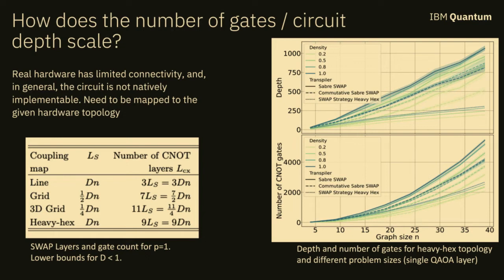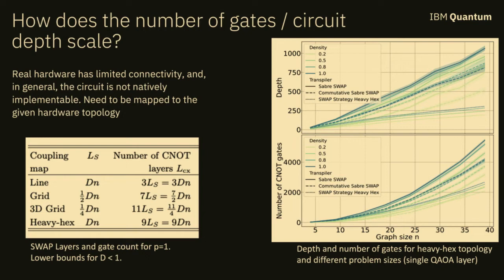And what we did is we extended this strategy to 2D grids and 3D grids, and also to heavy hex. Heavy hex graphs is what our hardware has. So it's kind of a hexagon lattice where on every edge you have one other qubit in the middle. And what we analyzed is how many of these swap layers do you need, depending on the density of your problem. We tried to provide some lower bound here, and this is what you see in this table.